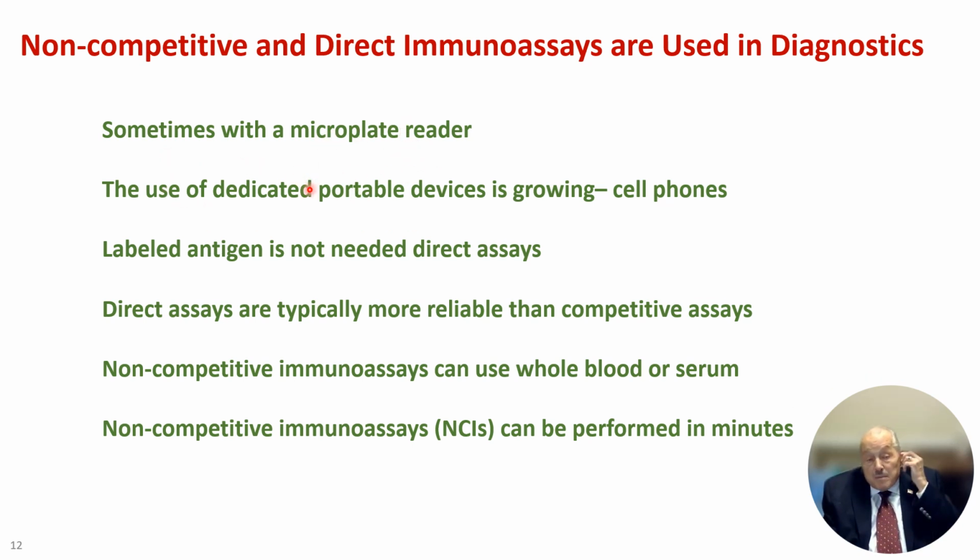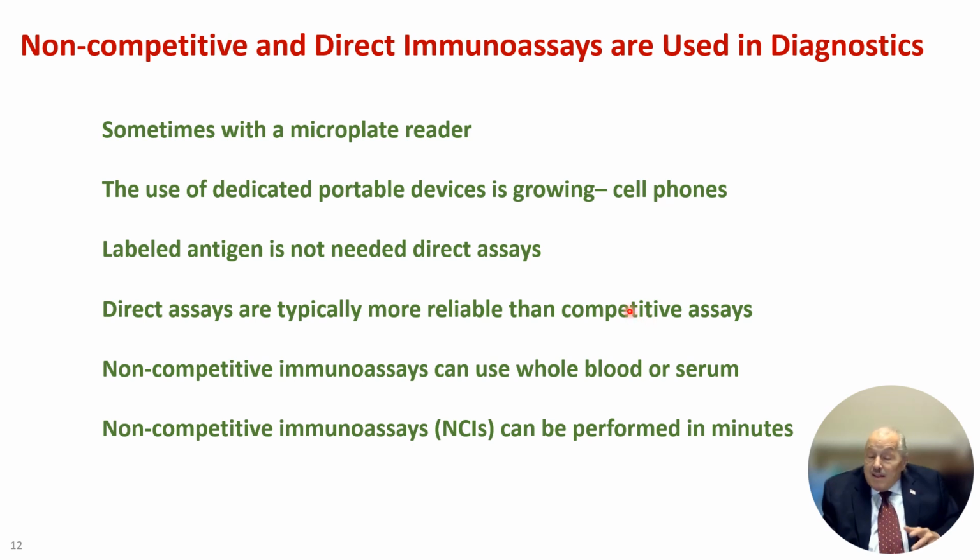You might remember in the first lecture of this series, I said how these names overlap, and we can't always just call them by one thing. Sometimes they're simpler. This is the beauty of it. They're simpler assays, can be done in a microtiter reader, but they could be dedicated portable devices, even cell phones.